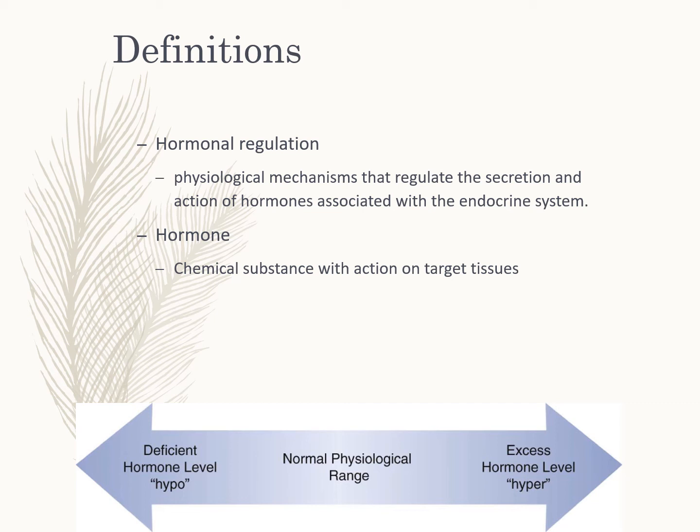Imbalances of hormonal regulation can lead to significant health and social consequences, and this concept focuses on the normal process of hormonal regulation, hormonal imbalance, assessment, and interventions to optimize hormonal balance.